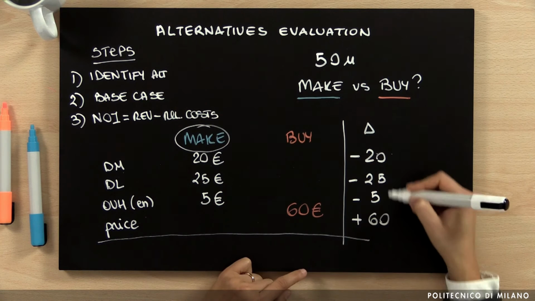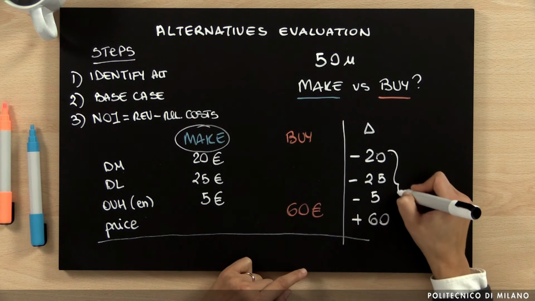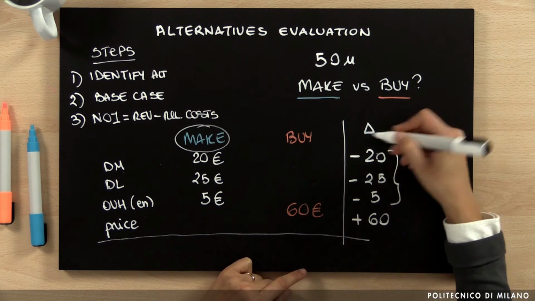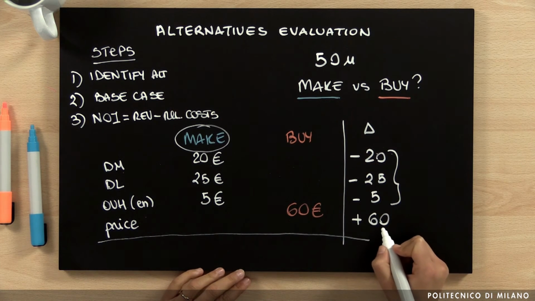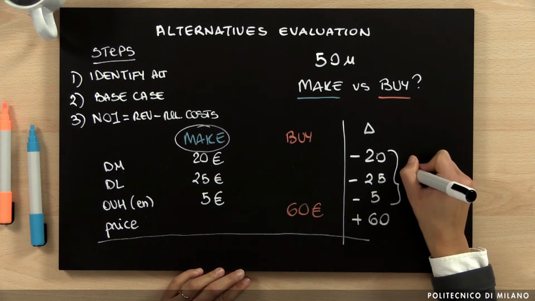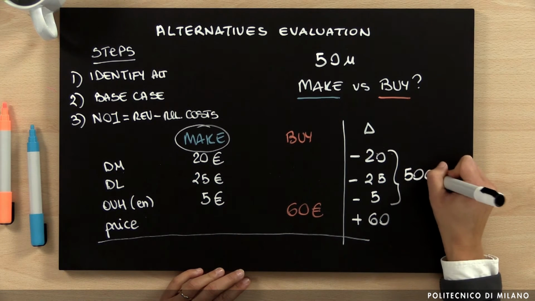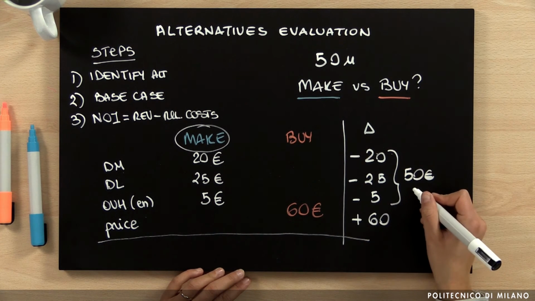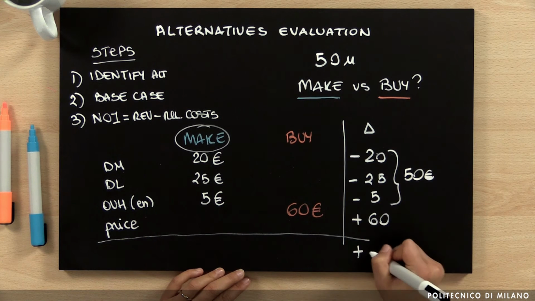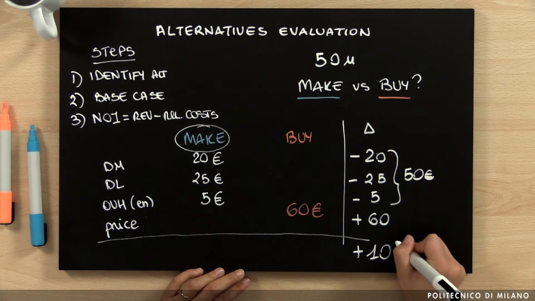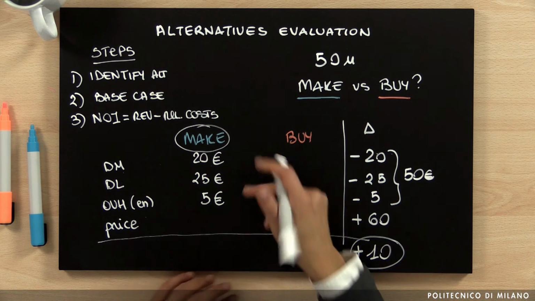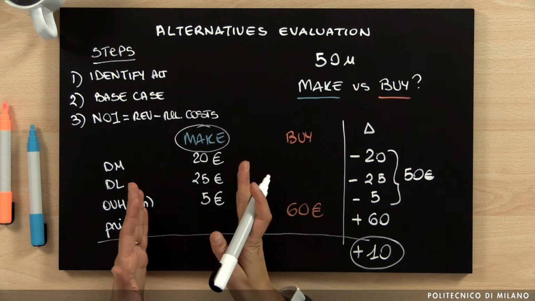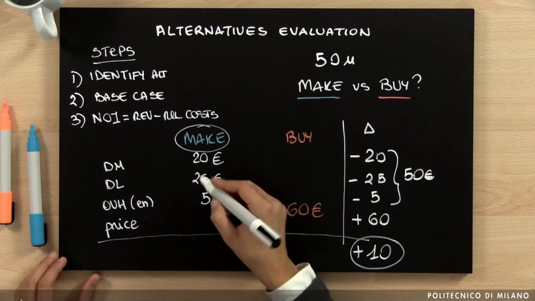So if we consider the delta between the cost of purchasing outside with respect to the inside, we will have additional 60 euros of cost, but we will save 50 euros. So if we consider the difference between them, we will have that if we purchase outside, we will have additional 10 euros of cost. So we can also calculate the cost of each alternative in total.